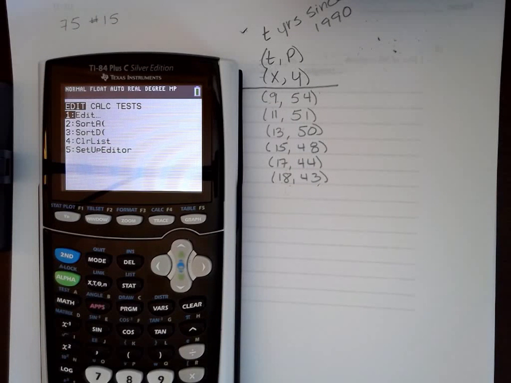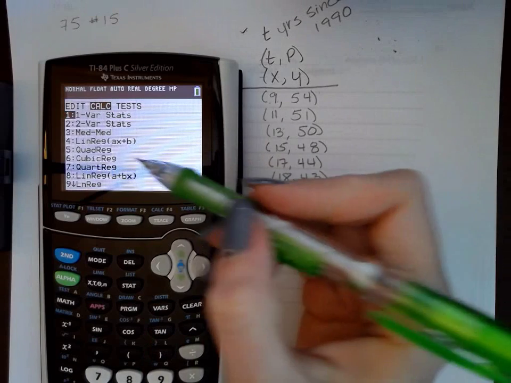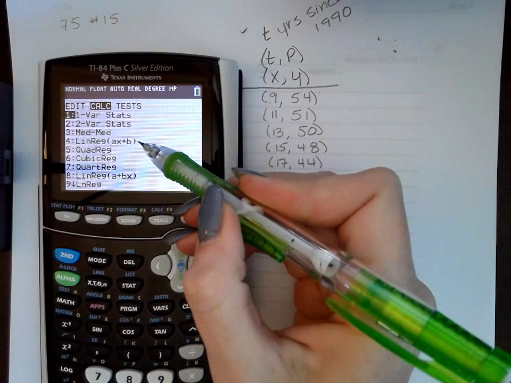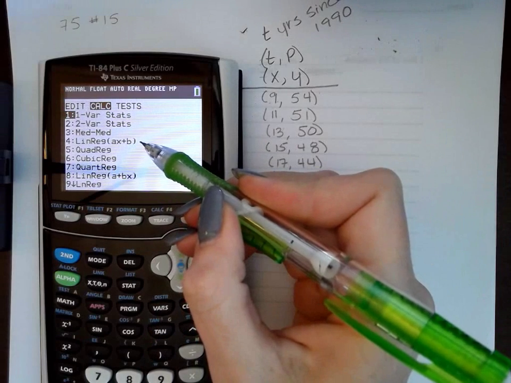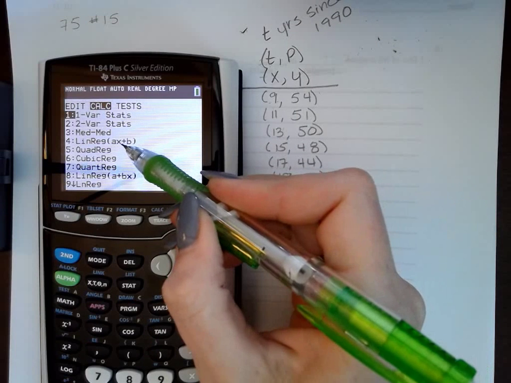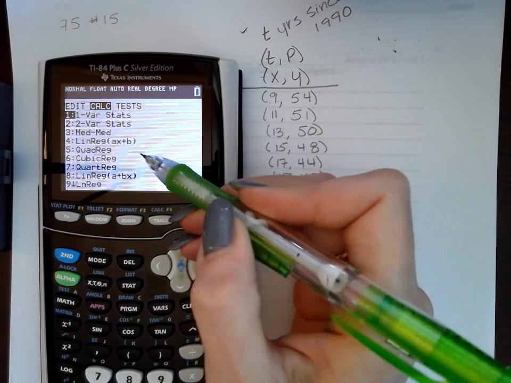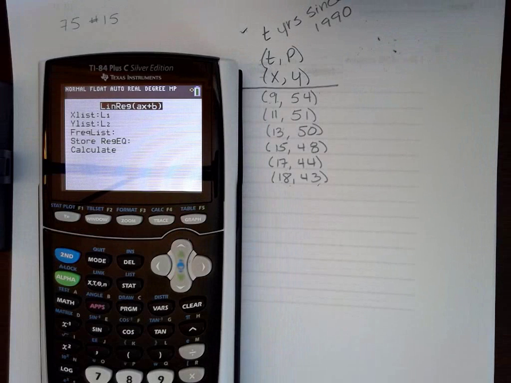Instead of having edit highlighted, we want calc highlighted. And we want to scroll down to the linear regression, or LinReg, ax plus b. So notice it's kind of in the form mx plus b. So you can either scroll down or hit 4. My calculator requires me to hit enter through all of these. Yours may not. And hit enter and calculate.